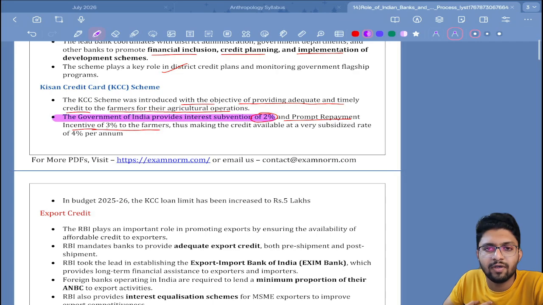So out of that 7%, the government will pay 2% interest on my behalf. So the total interest that I would have to pay is 7 minus 2%. That is how much? 5%. So 5% interest I have to pay out of my pocket, not 7%. This is what interest subvention of 2% means.